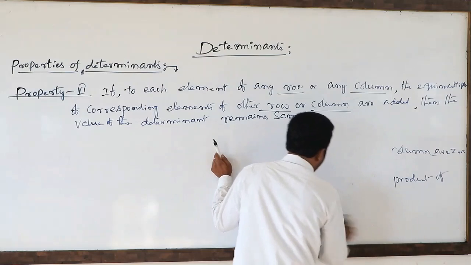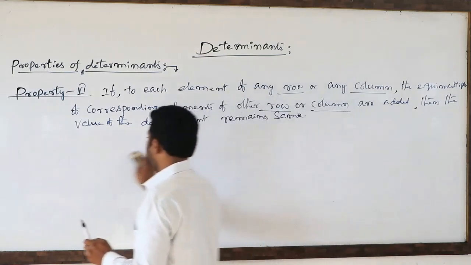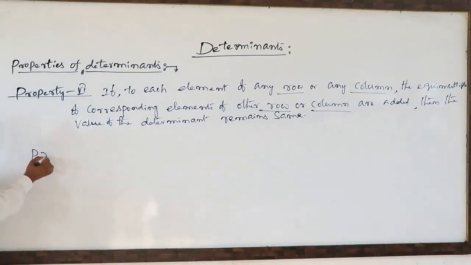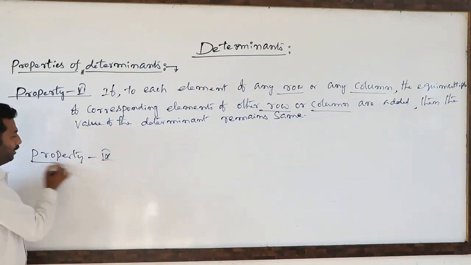Next, one more property that is most important. Suppose A and B are two square matrices. What is property number 9?